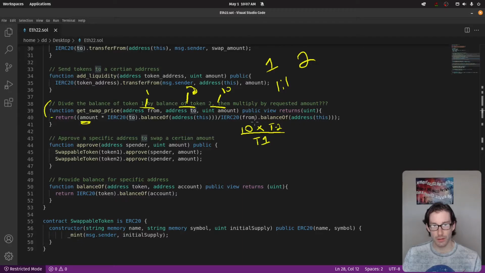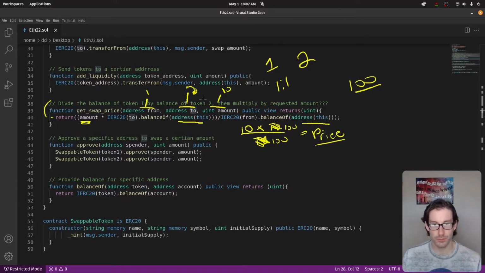This is the total supply of the contract. Remember we read that the total supply was 100. So T2 is going to be 100, and T1, we know, is going to be 100. So we're going to say 10 times 100 divided by 100 equals the amount, or the price differential between these two. You'll see this makes more sense when I show you in the table, but that's the basic formula that's happening here.